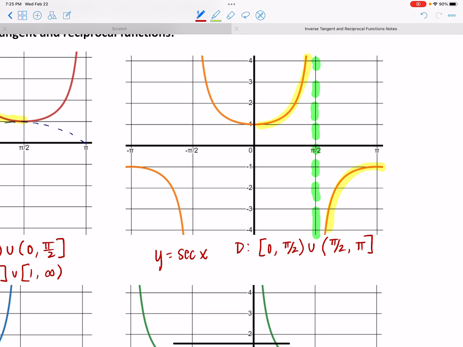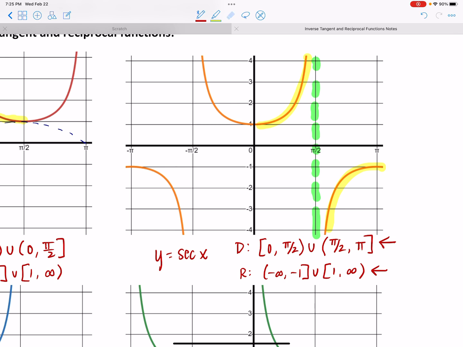And then the range, again, everything outside of or above +1 and below -1. So we're going to go from negative infinity to -1 and then unite that with everything from 1 to infinity. So if these are the inputs for my secant, they're going to become the outputs for my inverse secant. And if these are the outputs for my secant, those will become the inputs for my inverse secant.